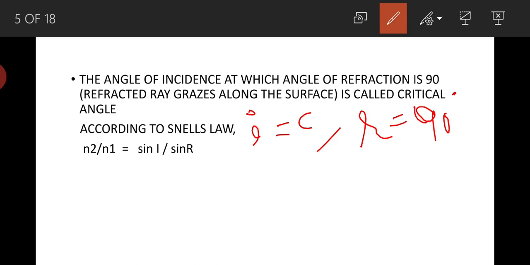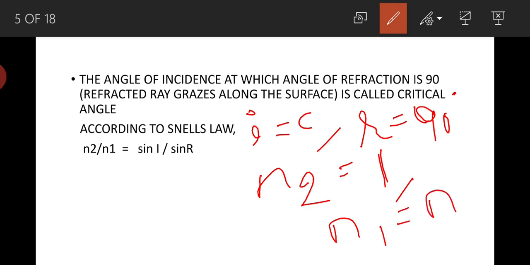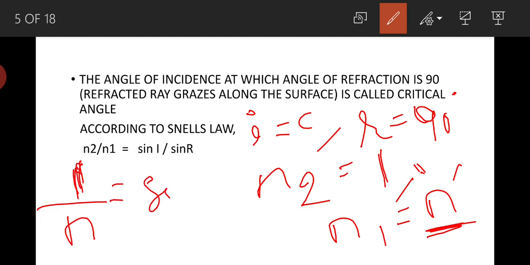If we consider the second medium as air, n2 is 1, and n1 is the refractive index of the first medium, that is the denser medium, n. Substituting these values, sin i is sin C, and sin r is sin 90.